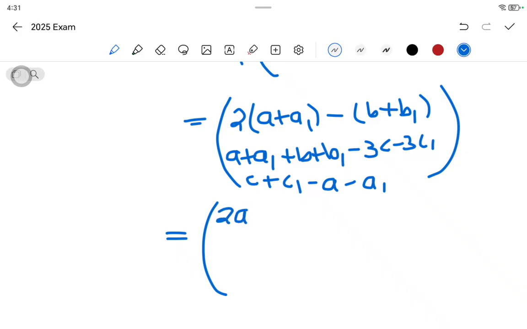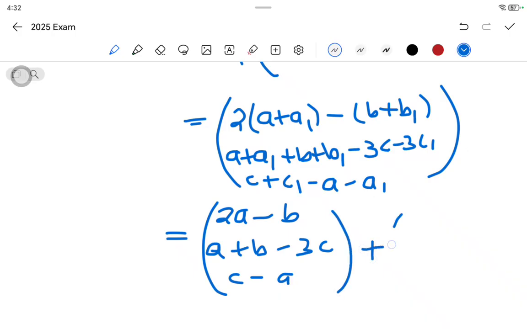It's 2a minus b, a plus b minus 3c, c minus a, plus 2a1 minus b1, a1 plus b1 minus 3c1.